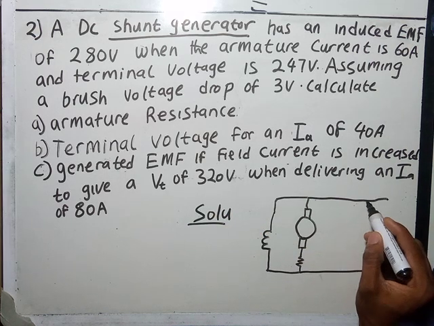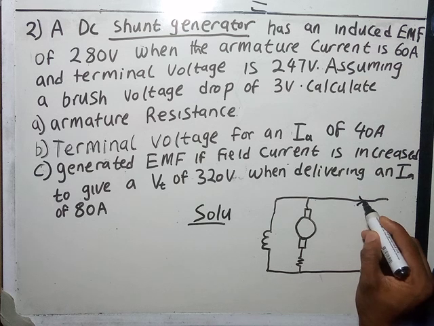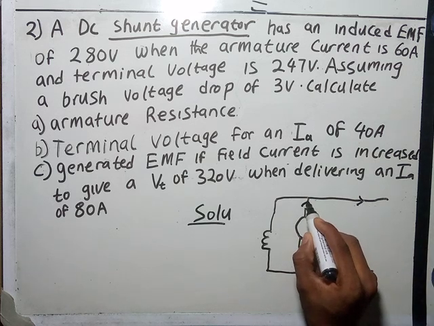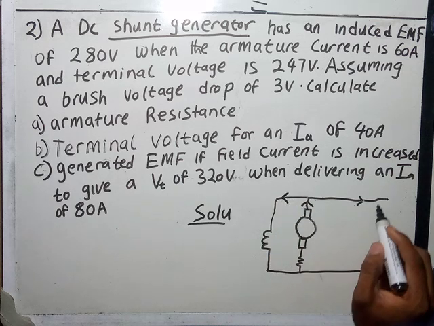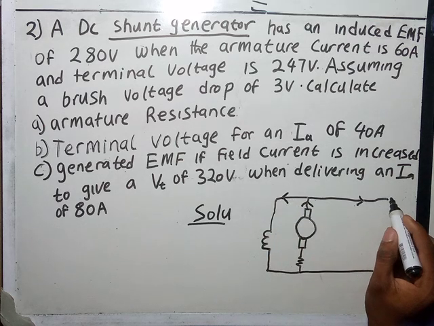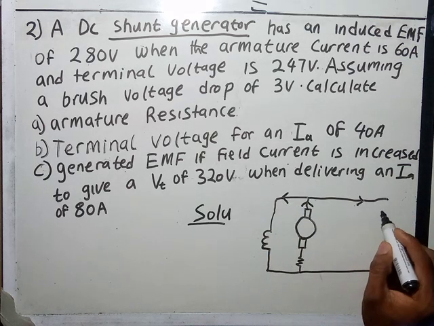So for us to show it is a generator, our current will be leaving, because a generator converts mechanical energy into electrical energy.